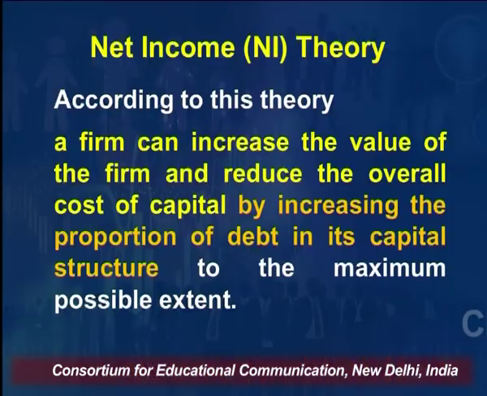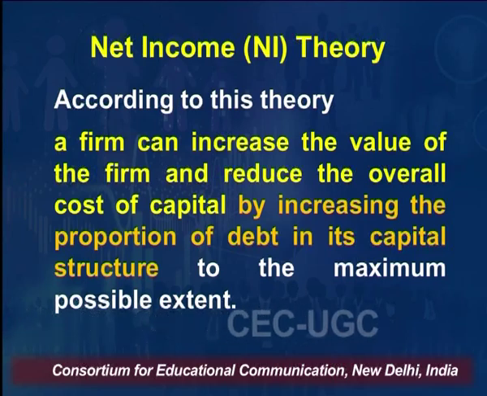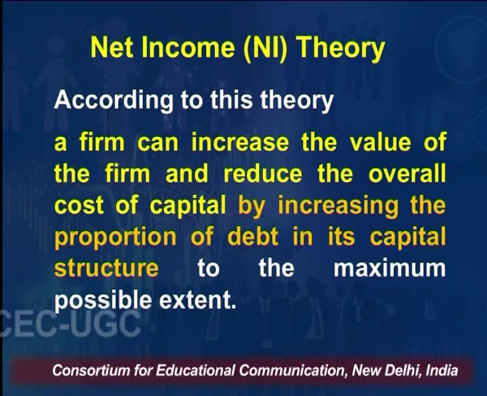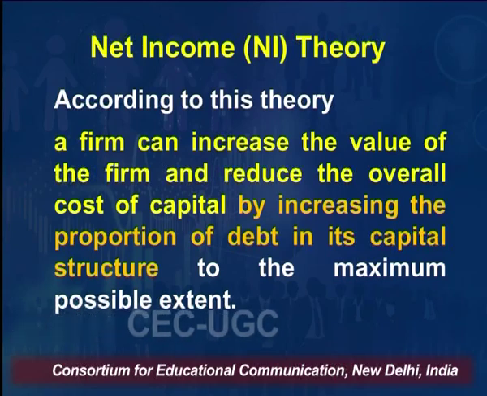The first one is the net income theory. According to this theory, a firm can increase the value of the firm and reduce the overall cost of capital. These are the two primary things we need to do when discussing capital structure: increasing the value of the firm and reducing the overall cost of capital.